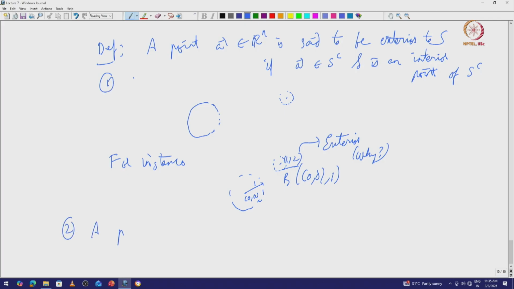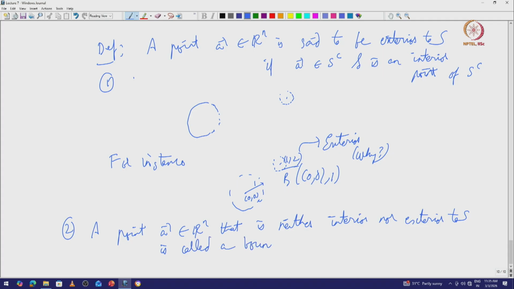All right. Now there are points, this is one definition. A point A in R^n that is neither interior nor exterior to S is called a boundary point.